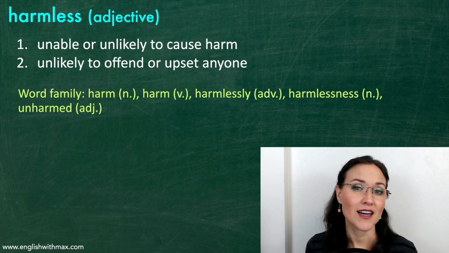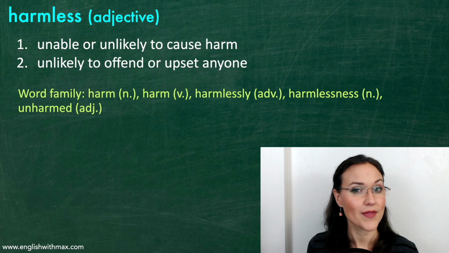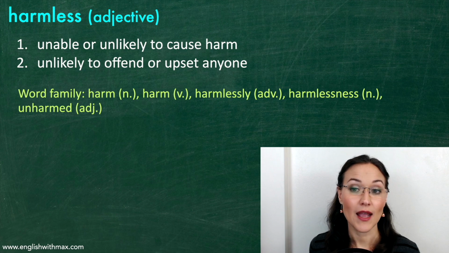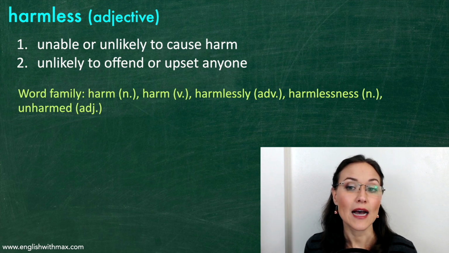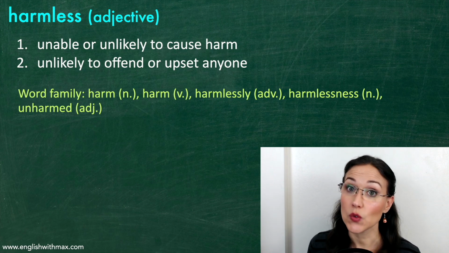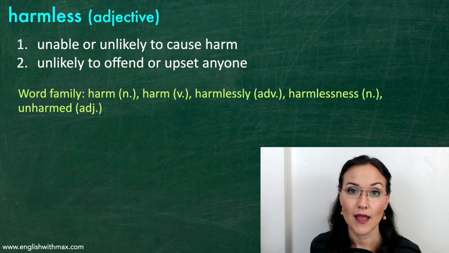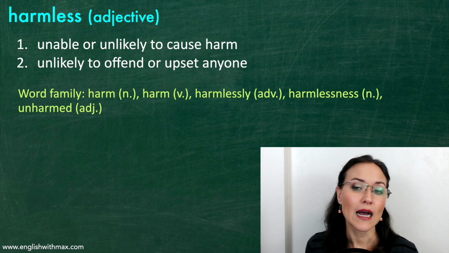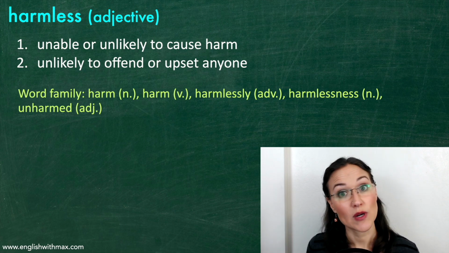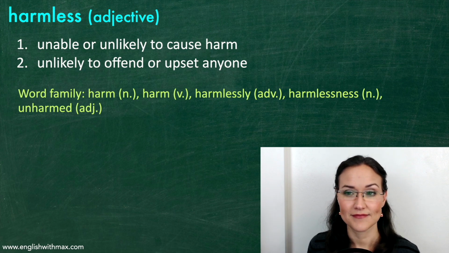And now we have harmless. Harmless. It's an adjective. It has a couple of meanings. Number 1, unable or unlikely to cause harm. Number 2, unlikely to offend or upset anyone. Let's see the word family.